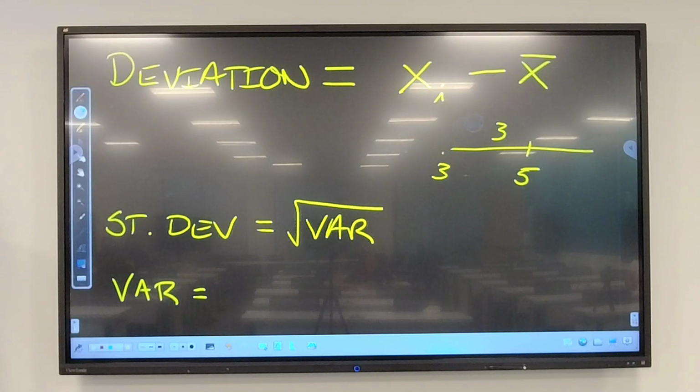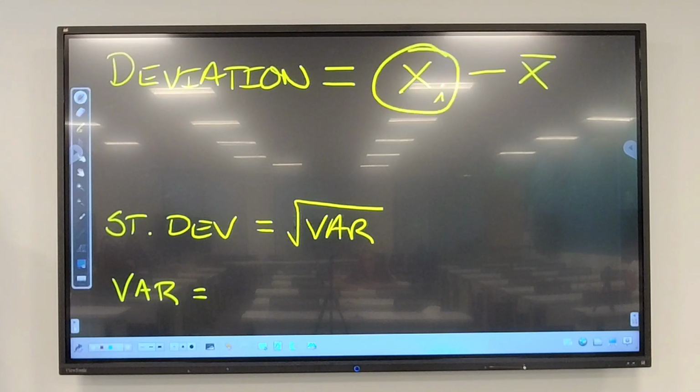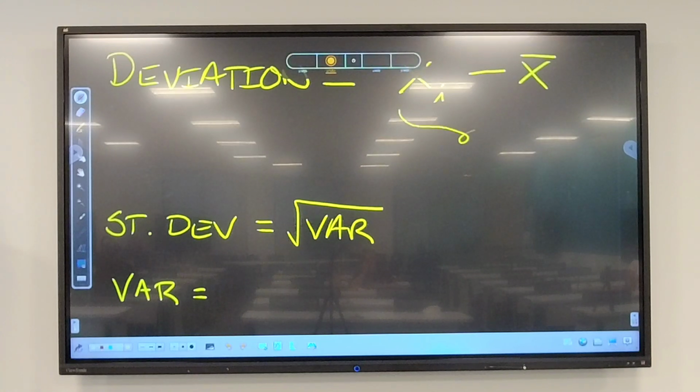So if the point that I'm observing from my data set is bigger than the mean, then this will be a positive number. If this is smaller than x bar, it would be a negative number. And in either case, it's going to tell you how far away from the mean you are. That's a deviation.